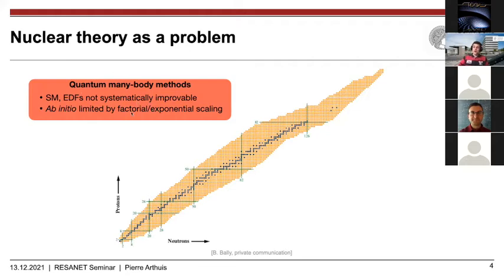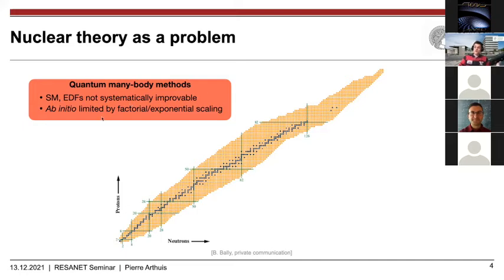The thing they lack, though, is some systematic way to improve the results. Once you notice discrepancies with the experiment, it's very much a trial and error game to try to get closer to what you can actually observe in nature.